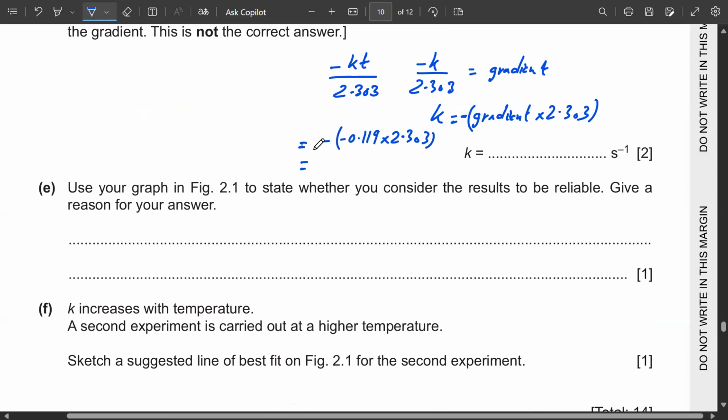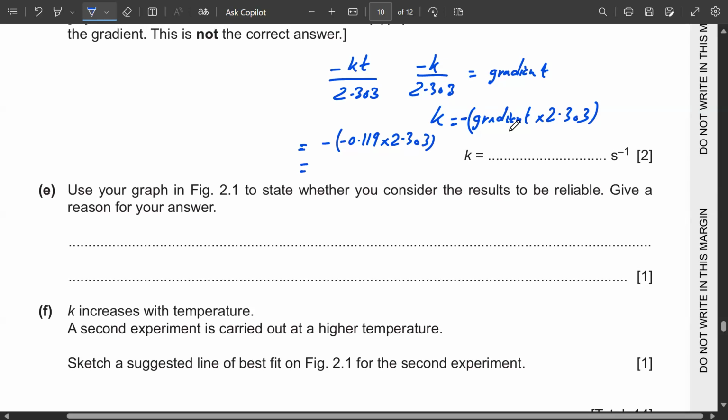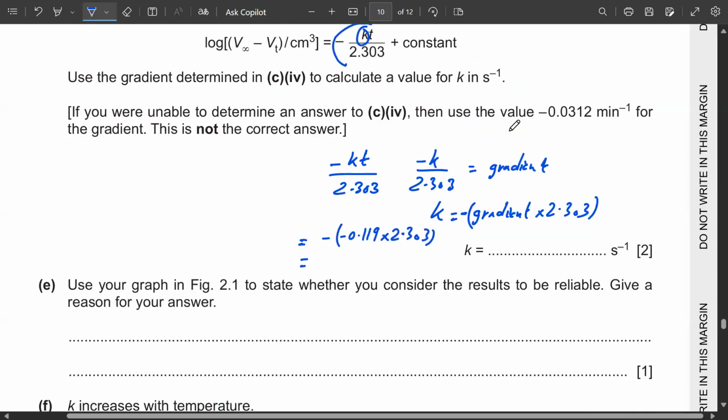I got 0.0275. Okay, there's a slight mistake.